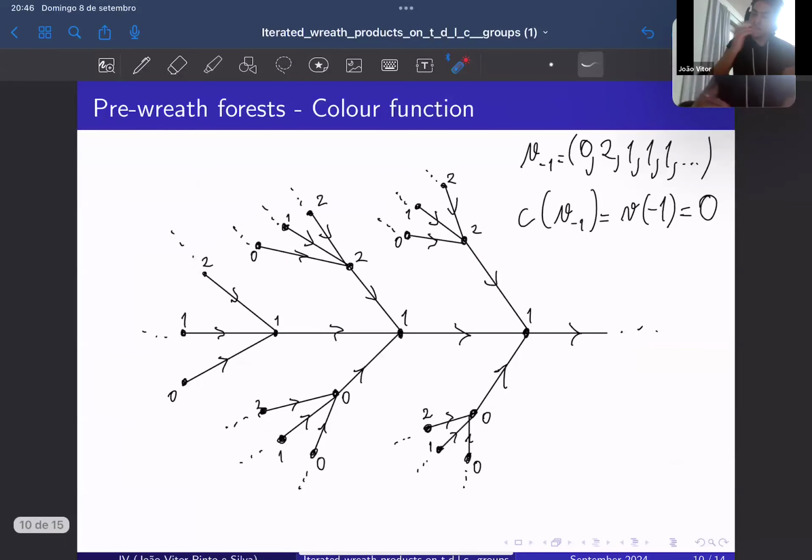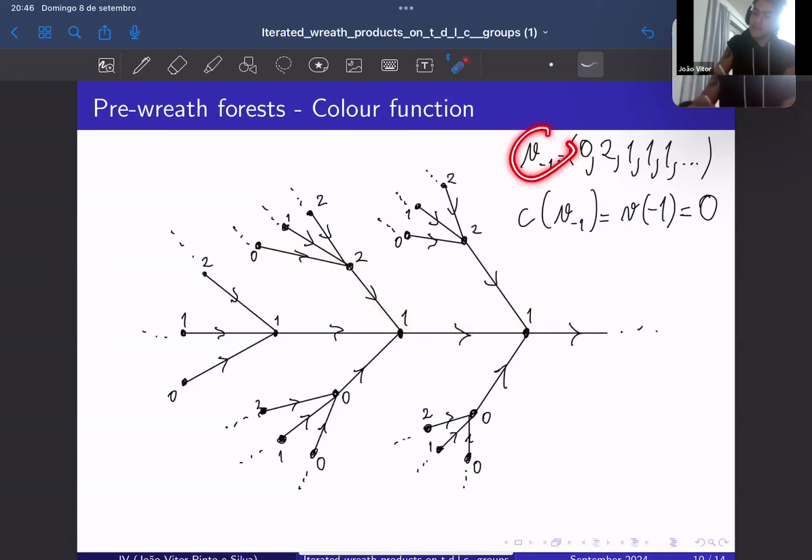Another one is that you have a color function. For the ones that already saw the groups acting on trees, Burger-Mozes groups or stuff like that, to define the actions on the trees, you usually want to have a coloring on the tree. And because of the way this is defined, for example, here I have my vertex v1, right, which is the one that we had before.